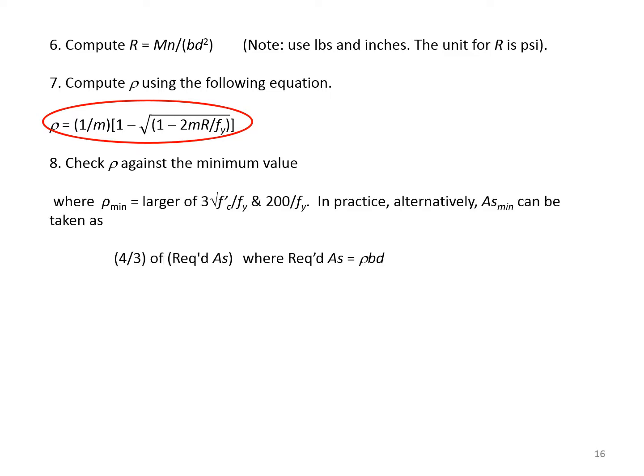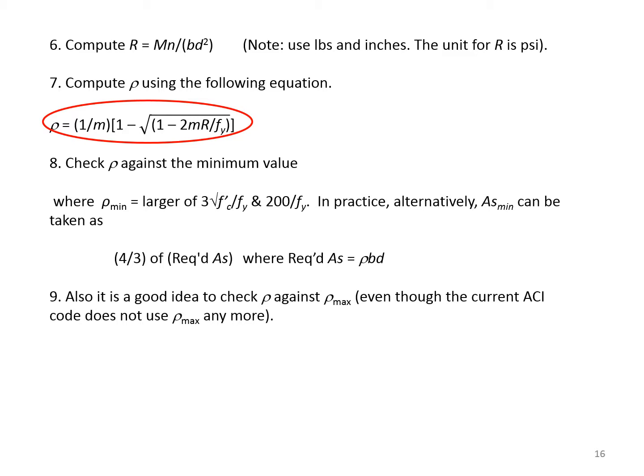Rho minimum is the larger of 3 square root of f'c over Fy and 200 over Fy. However, notice that in practice, alternatively, As minimum is taken as 4/3 of the required As. Therefore, the required As would be rho bd and 4/3 of that would be used as a minimum.